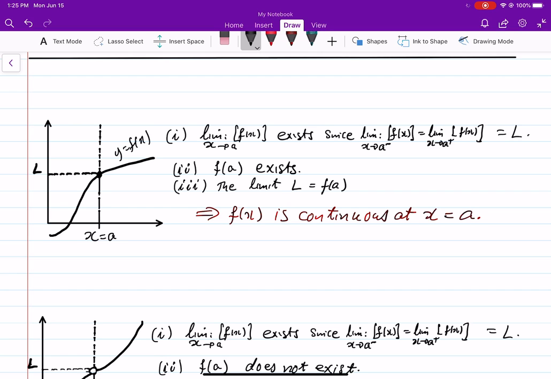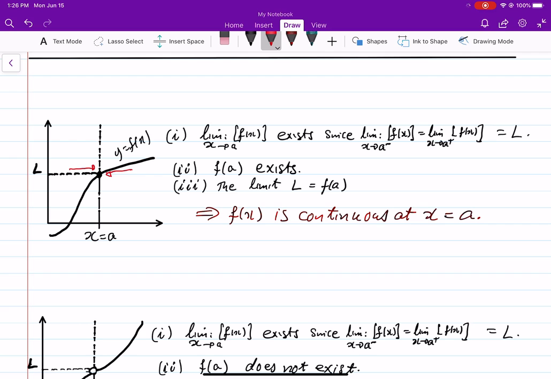Because as you can clearly see, as x is approaching a from the left, and as x is approaching a from the right, the function is approaching the same value from both sides. And that value I call L. So the limit exists. The function is approaching the same value from both sides.